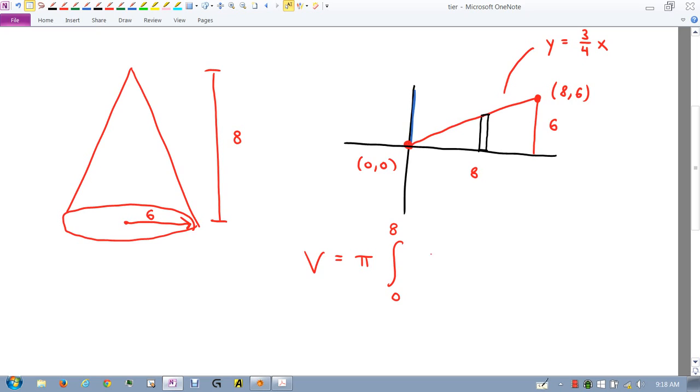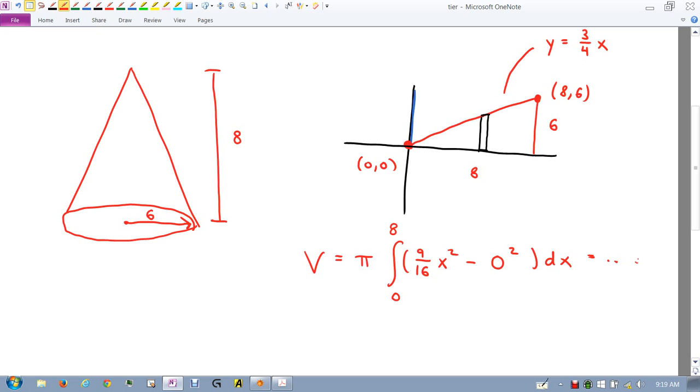We square it, so that would be 9/16 x squared. And then minus the bottom function, which again would be what? Just 0 squared. And then dx. Would that be a relatively easy thing to integrate? Yeah. So equals dot, dot, dot.